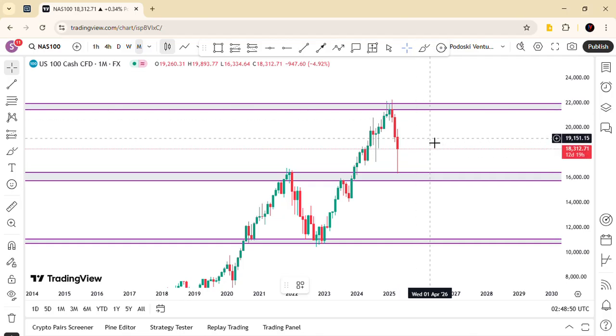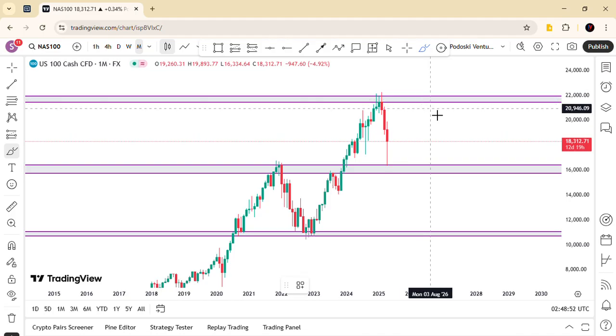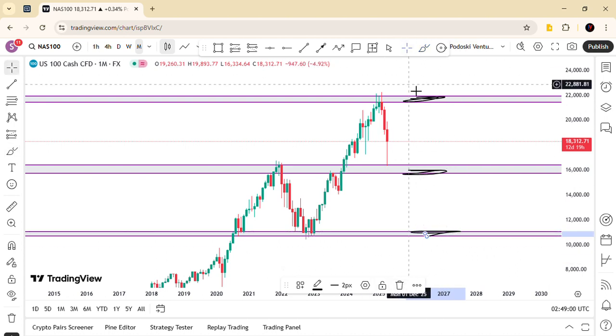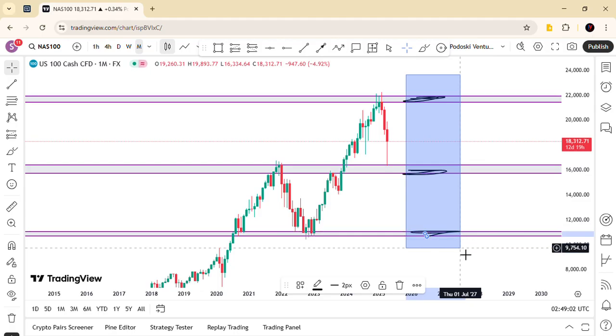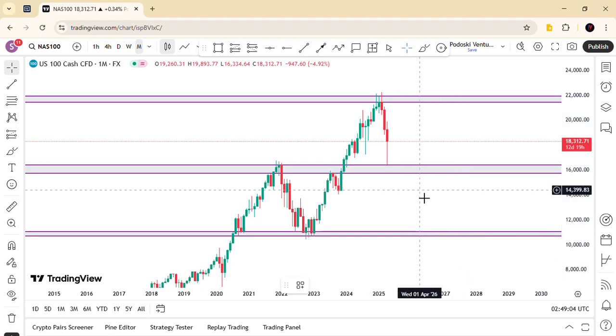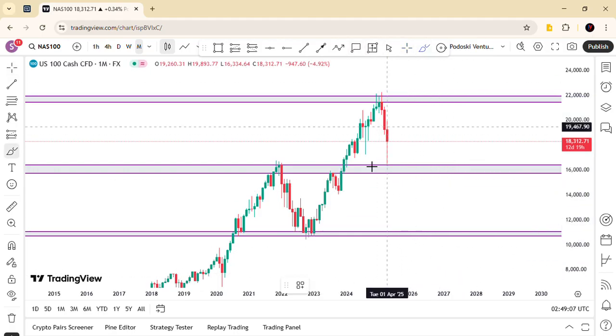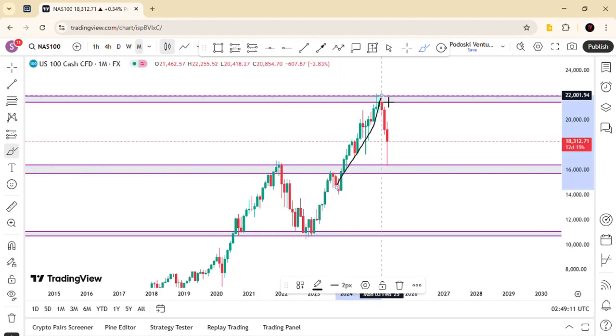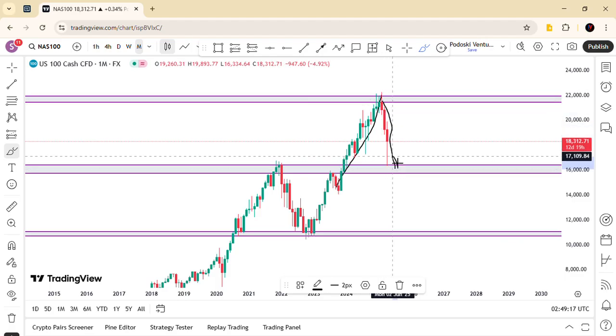So here we are on the monthly time frame on NAS 100. I have my monthly upper zone, midway zone, and my monthly lower zone. On NAS 100, I'm seeing an uptrend. Price broke out of the monthly midway zone, went all the way touching the monthly upper zone. You see a very nice retest tapping into the monthly midway zone again.